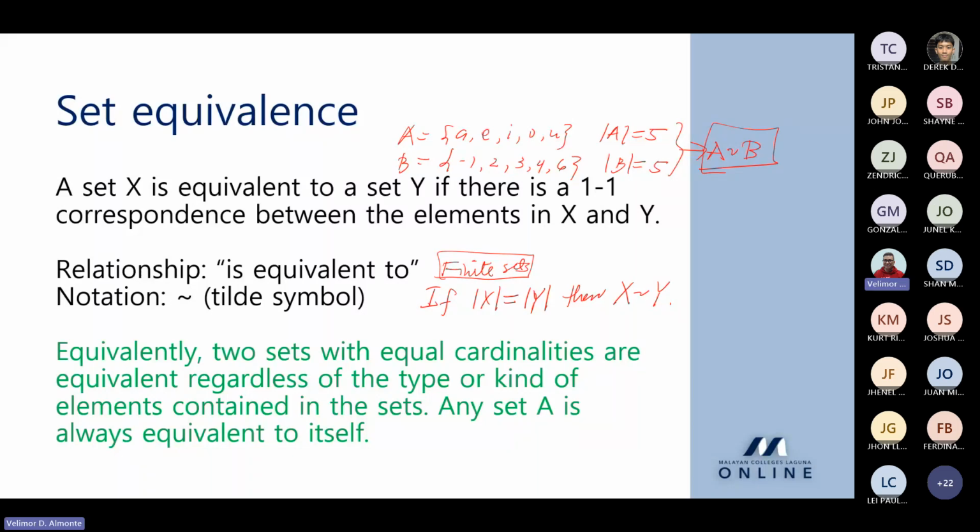Okay? If it comes to infinite sets, that's a different thing. For infinite sets, we just use the concept of one-to-one correspondence. So what does that mean? I cannot assign a value if my set is infinite. And so what will happen is I can just map the elements.